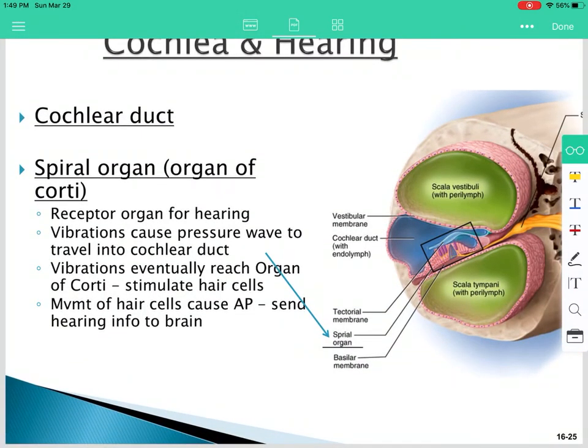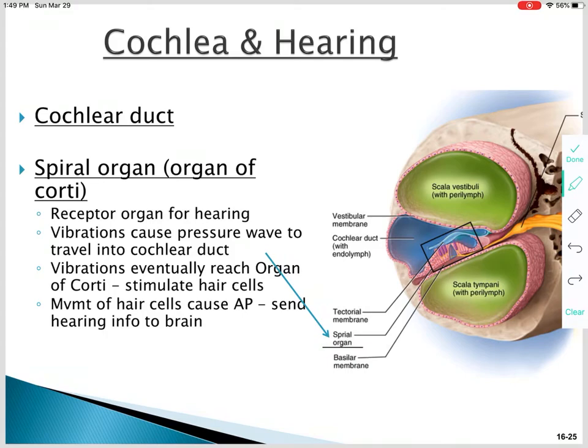If you look more closely, the spiral organ happens to be this particular row of cells. Within the cochlear duct we have a special area of cells called the spiral organ, and this is what's going to do the function of the cochlea.